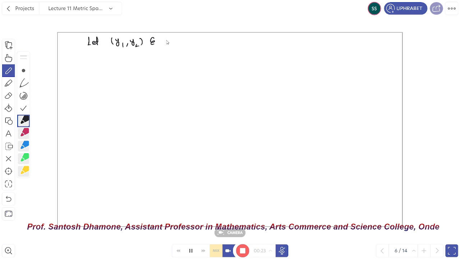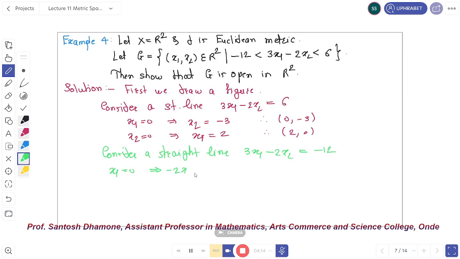Consider a straight line 3x1 minus 2x2 is equal to minus 12. x1 equal to 0 implies that minus 2x2 is equal to minus 12, so x2 is equal to 6.